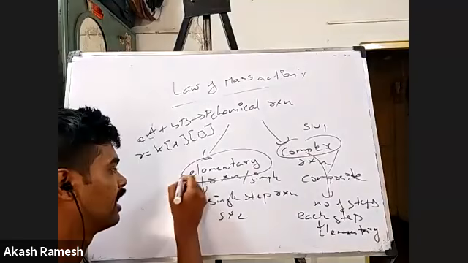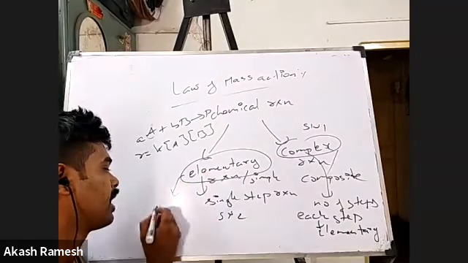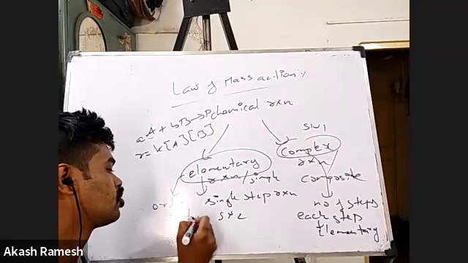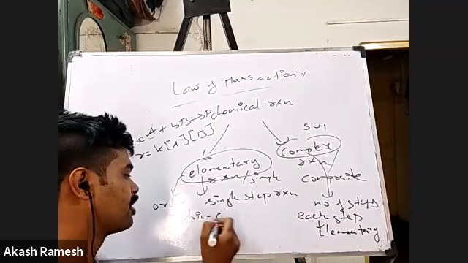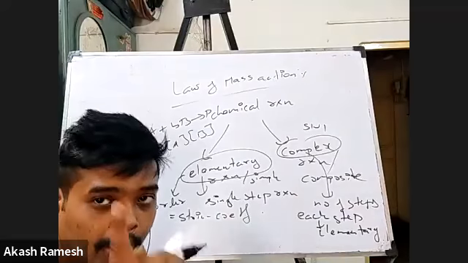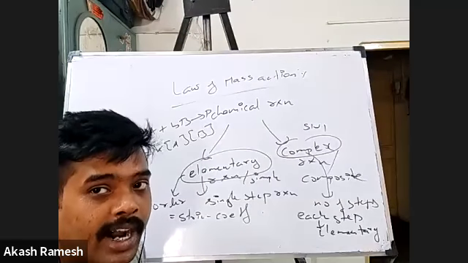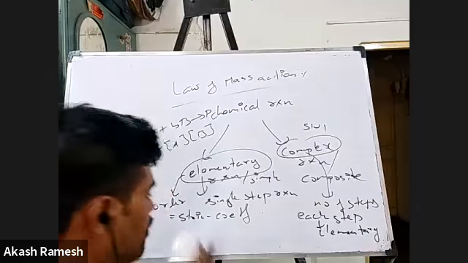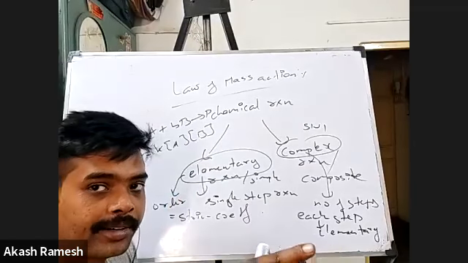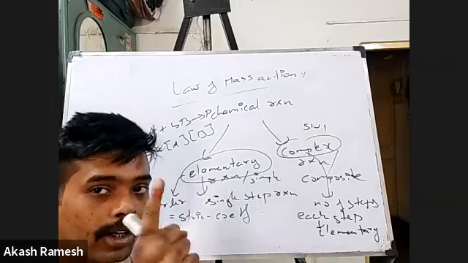Now please understand, for an elementary reaction, the order with respect to a particular reactant will be equal to the stoichiometric coefficient of that reactant, if and only if it's an elementary step.